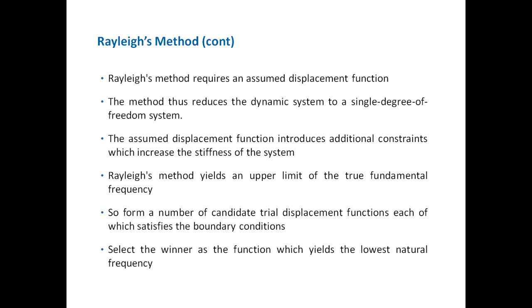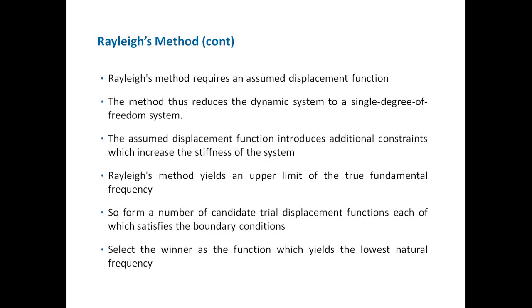Now, with our assumed displacement function, it's important that it satisfies the boundary conditions. There are actually two different types of boundary conditions. There are the boundary conditions of displacement and slope, and those are the geometric boundary conditions. It's very important that our assumed mode shape satisfies those geometric boundary conditions.